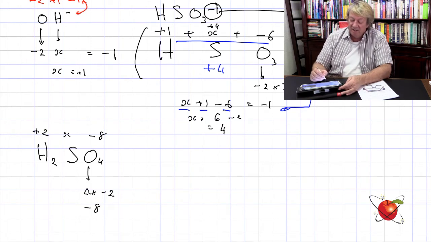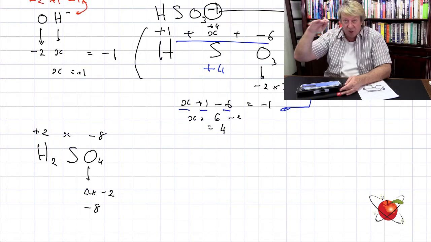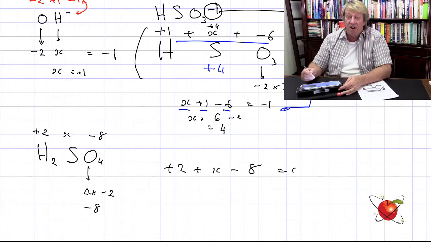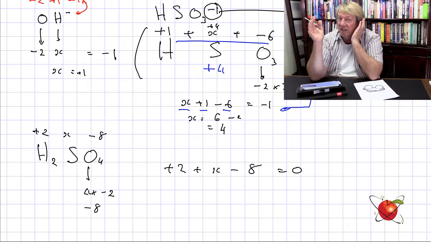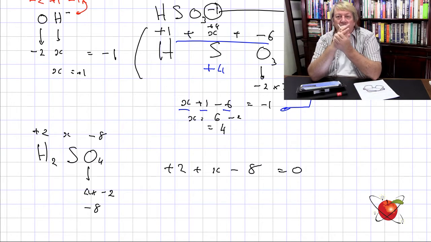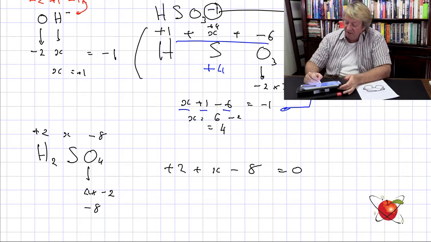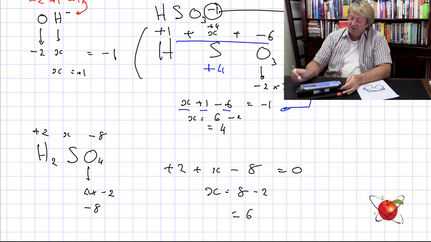Can you see what we've done? Now, if I sum across the top, I must say that +2 plus X minus 8 must be 0, because there's no charge on it. It's not an ion. It's a compound, and it's chargeless, so it must be equal to 0. So let's rearrange it. X is going to be equal to 8 minus 2, which is 6.